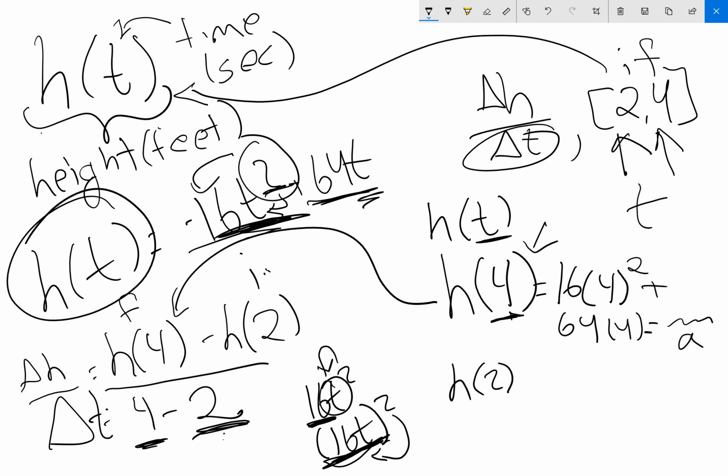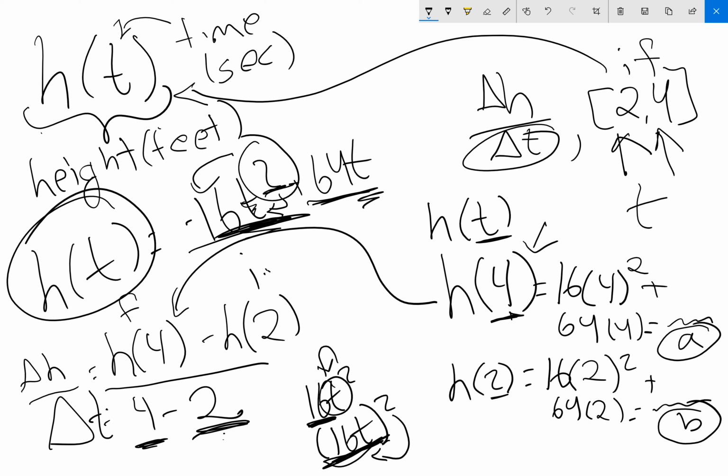Now we need to find h of 2. So 16, we see a t, so we're going to plug in a 2, plus 64t, our t is 2. We plug it into our calculator, we get a number, and I'm going to call this b. So now we plug in whatever numbers we got in our calculator back to this function.